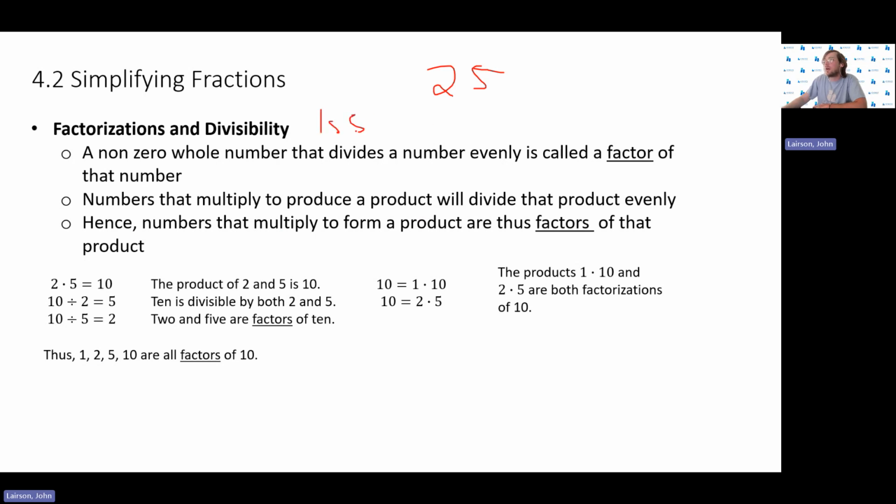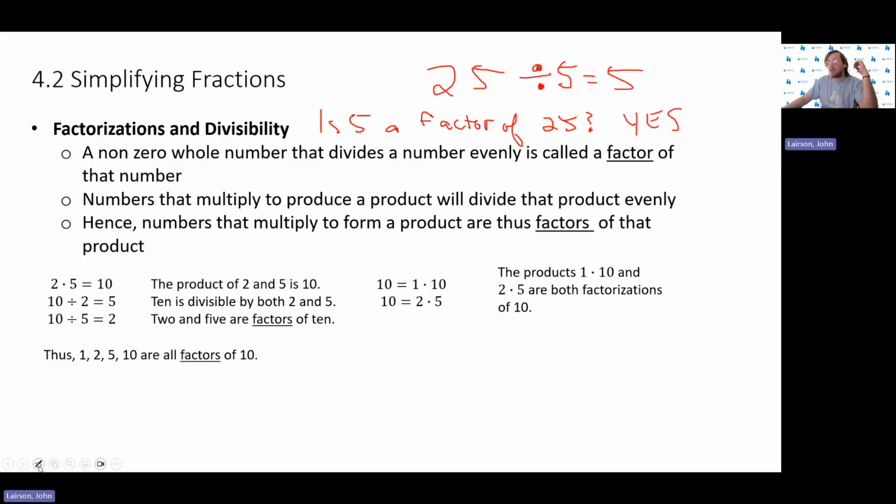Is 5 a factor of 25? All I have to do here is take 25 and divide it by 5 and see what the answer is. In my calculator, that'll show me 5. 5 is a whole number. So that means 5 divides 25 evenly. So 5 is a factor, yes. So the answer is yes.